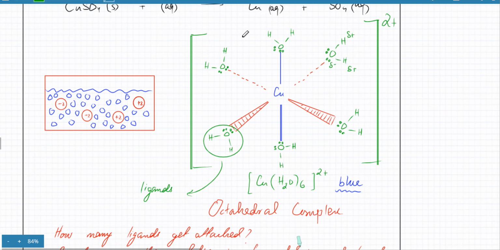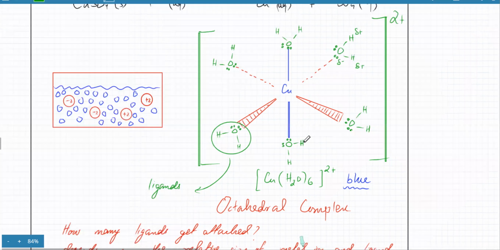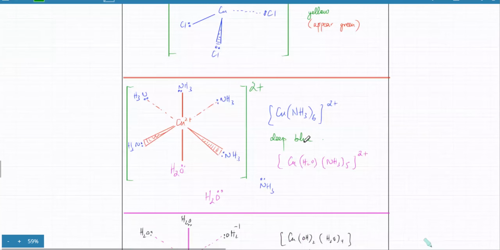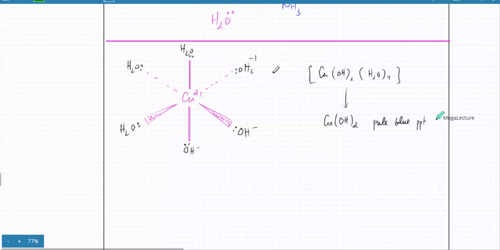The only thing is it doesn't have any room or space left around it. But in this case, imagine the water molecules got replaced. Actually, this wasn't really water, this was OH minus one. So imagine you have six water molecules, and two of them got knocked out by OH minus ones.